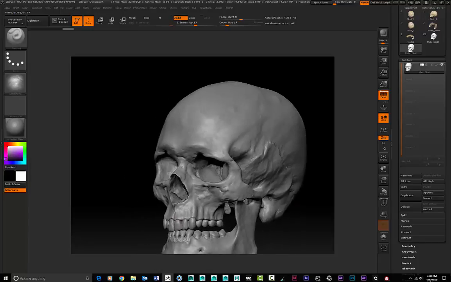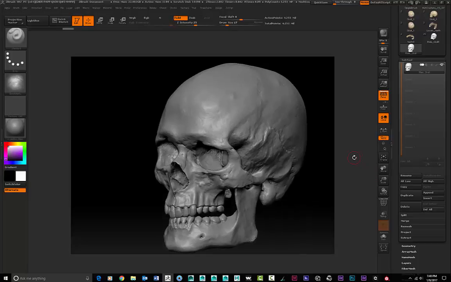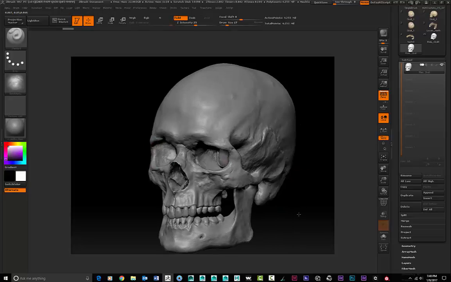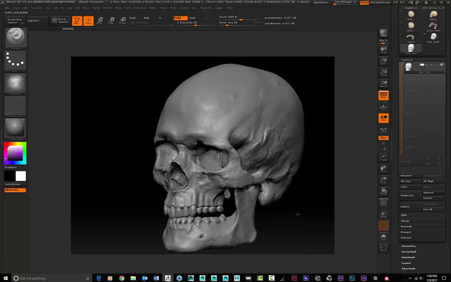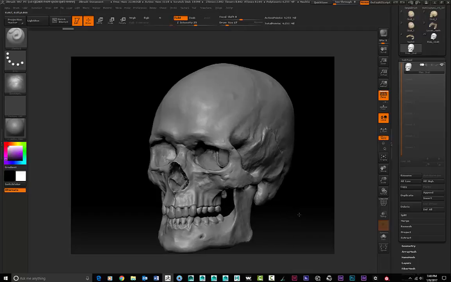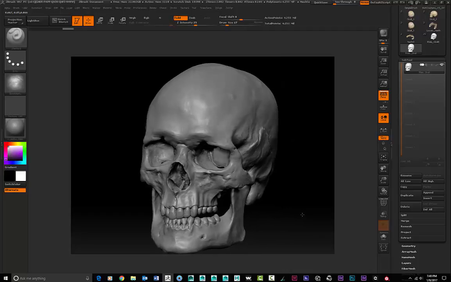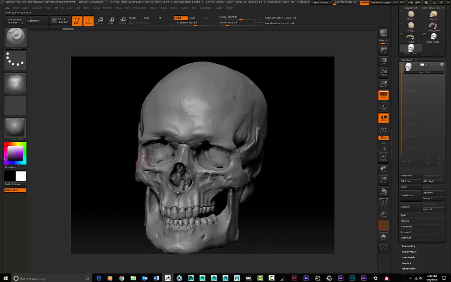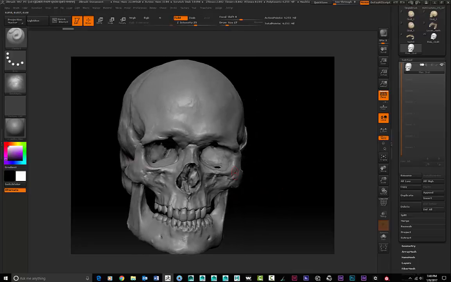So if you notice here, at a 3/4 view, there's a curvature right here on the eye socket. This curvature, when the skull is slightly turned, starts to fade and fade off into the outer rim of the eye socket and into the zygomatic arch and cheekbone.